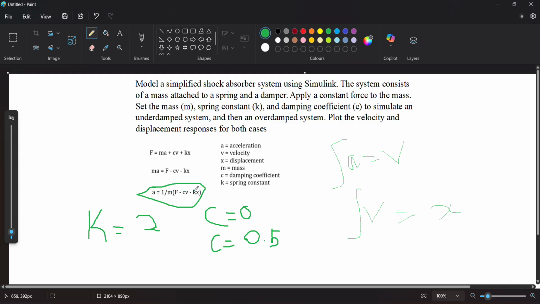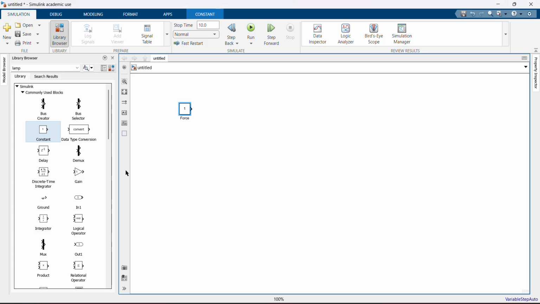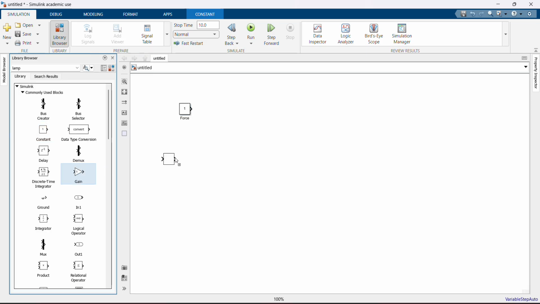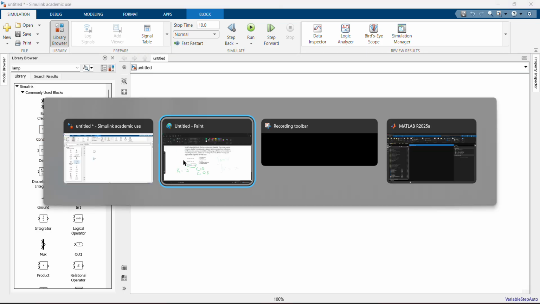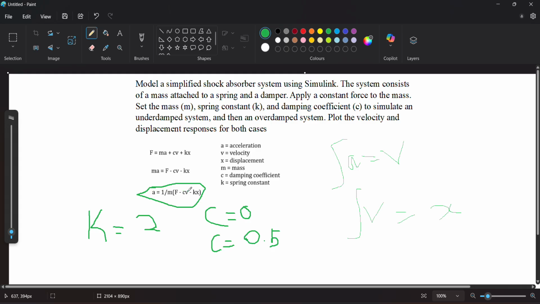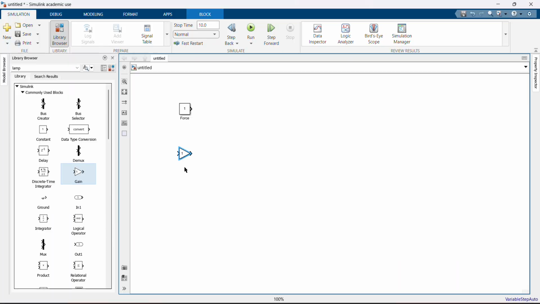So to represent the values of c and k, I am going to use a block known as the gain block. This gain block is essentially a multiplier block. Consider this equation: we have cv and kx, out of which v is a variable and c is a multiplier. So to represent c, I am going to use a gain block.